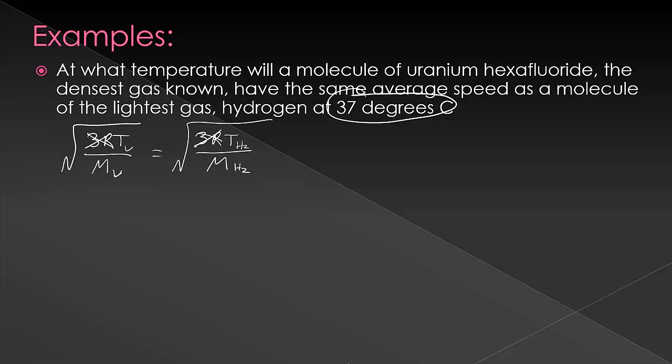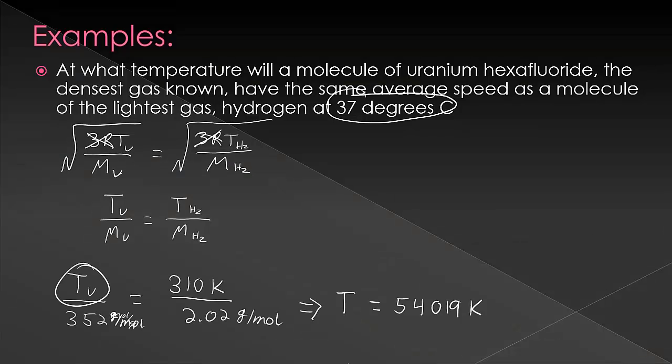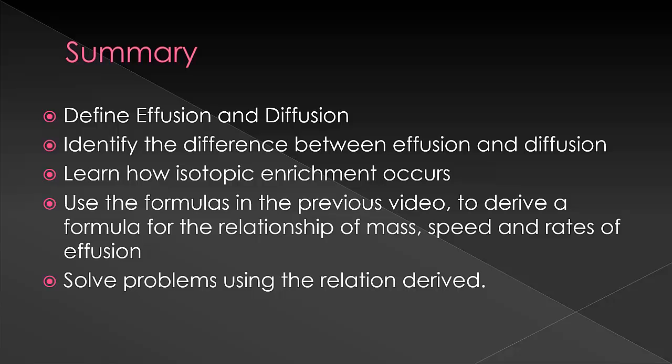And in order to get rid of the square root, because it's on both sides, we can square both sides, leaving us with this proportion. So now we can either rearrange or we can just fill in. Either is fine. We round to the proper sig figs, needing scientific notation to do so. And we are done with that problem.